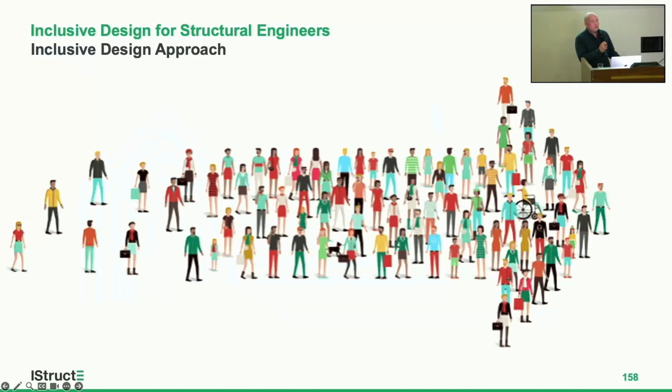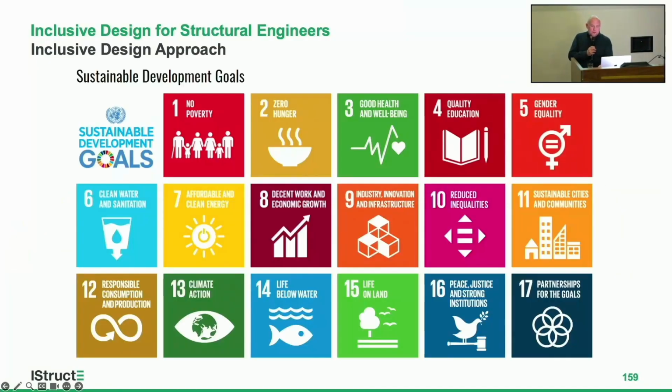So an inclusive design approach. Inclusive design is a kind of like the output. The process is about creating partnerships. The SDGs, Sustainable Development Goals, talk about lots of different things about how we improve the environment, how we respond to the environment. Ultimately, it's about no poverty. But one of the last goals that's mentioned there, number 17, is partnership for the goals.